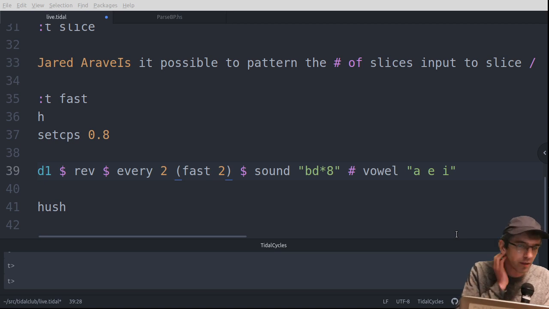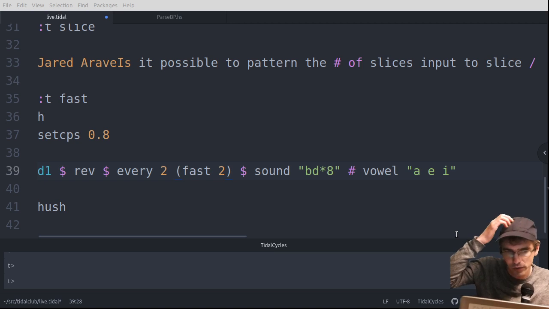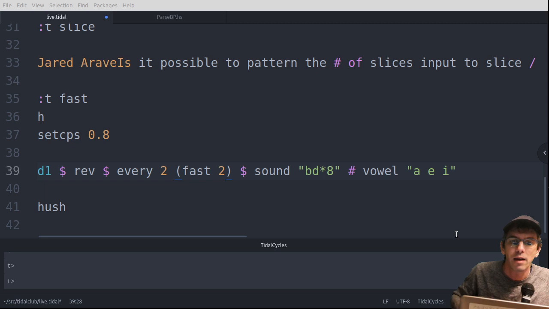Once it's running, it can be pretty solid. So yeah. There are also ways to get Tidal to send MIDI clock out. But then, yeah, you can't be a slave to MIDI clock unless you do it via link. Okay.